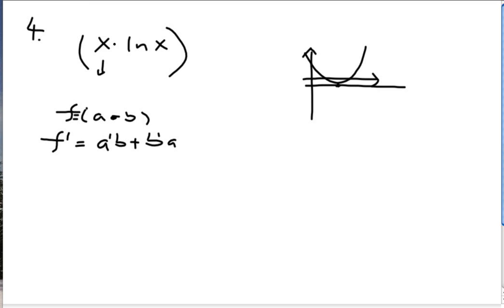The derivative of x is 1. The derivative of ln x equals 1 over x. This is also something you have to memorize.